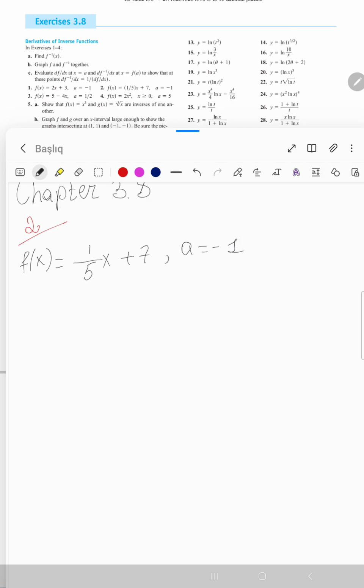Let's read the condition. We have 3 subtasks.